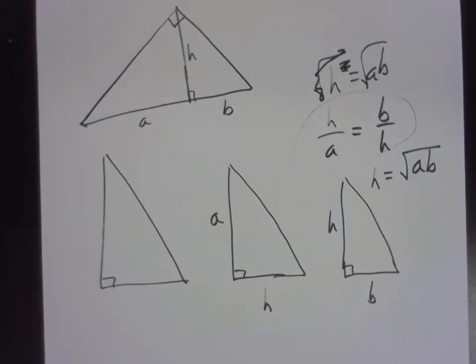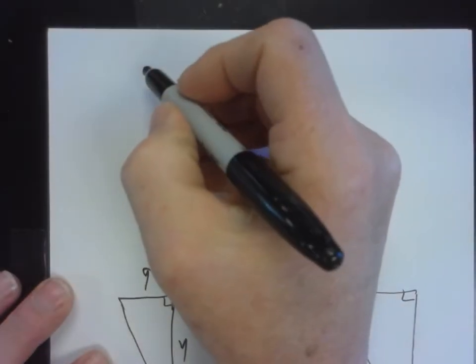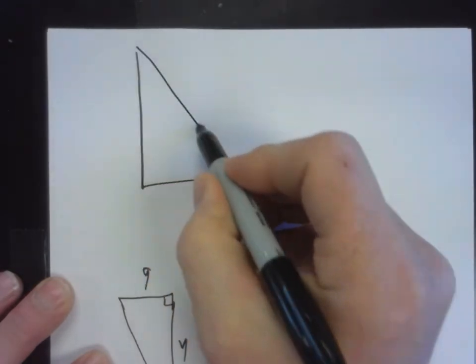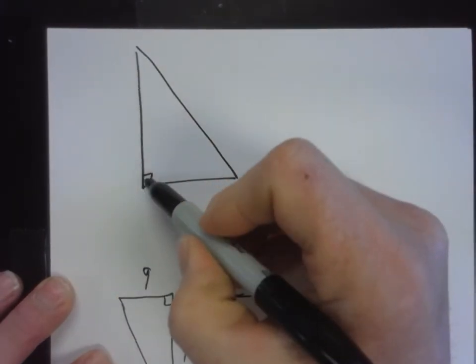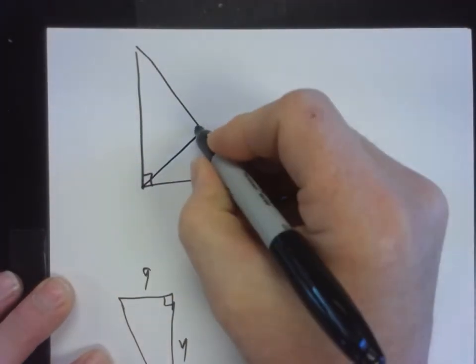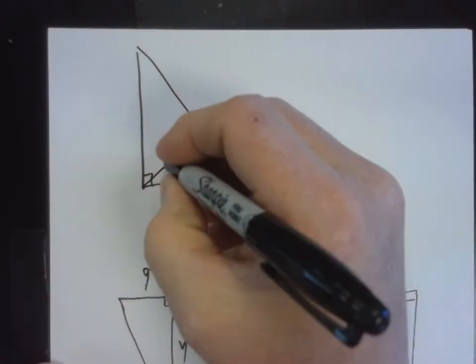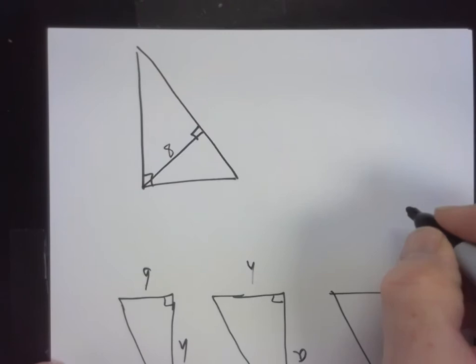Okay? So now, when I give you a problem, here, right triangle, altitude drawn over there like that. This is 8 units long.